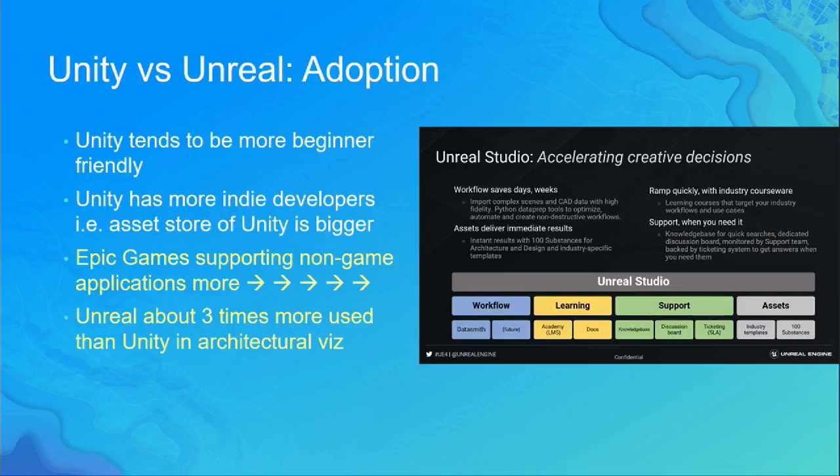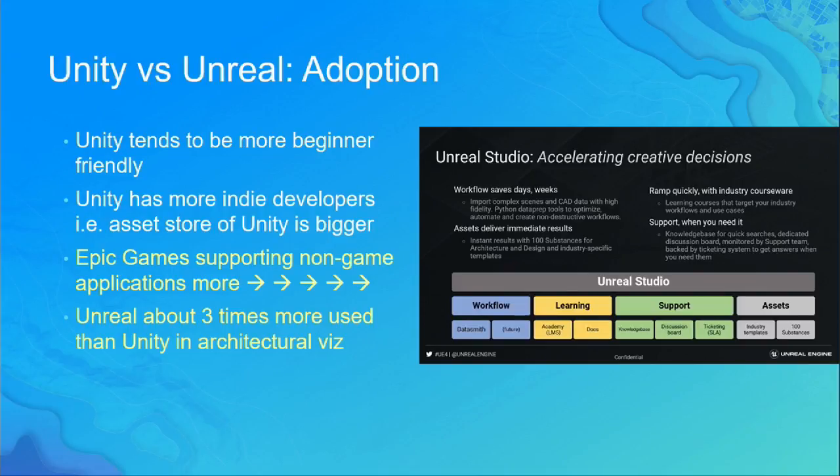This is basically their gate into the game engine, where they try to fix all the technical problems you have when you bring in, for example, CAD data into a game engine, or for us, CityEngine data. What's also very interesting is that they know that a game engine is not so easy to use.